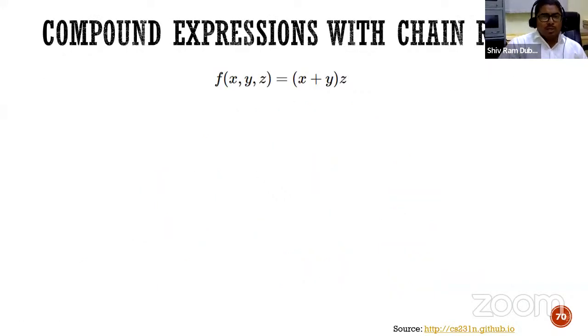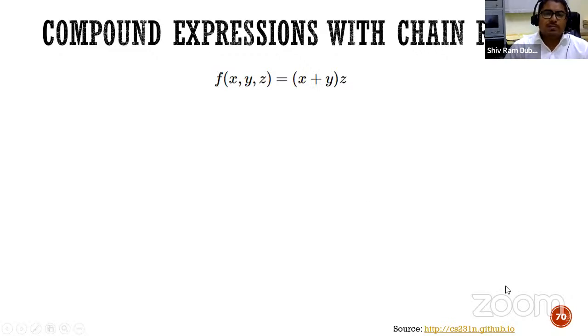Again from the calculus, we know that if we are having a compound expression, then we can use the chain rule to compute the gradient of our function with respect to any of the parameters that we have here.